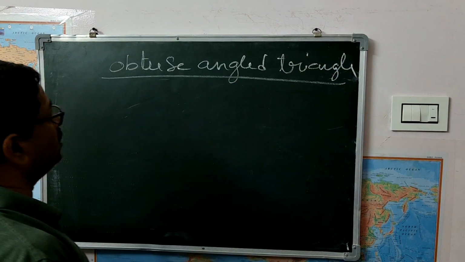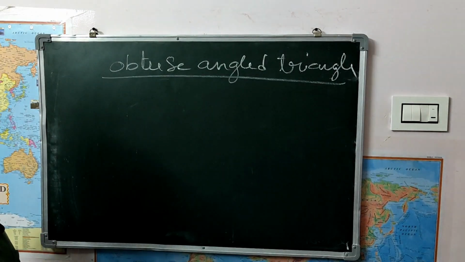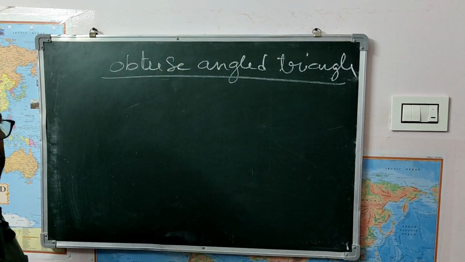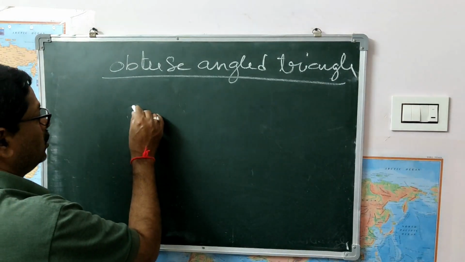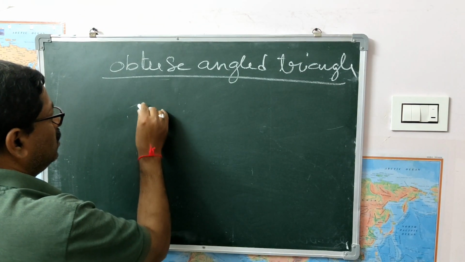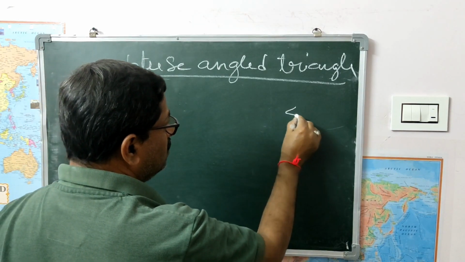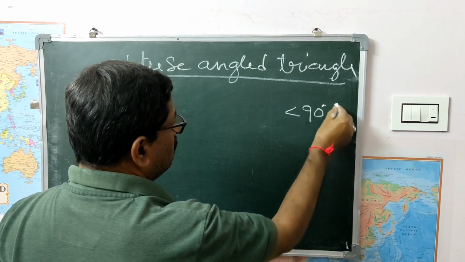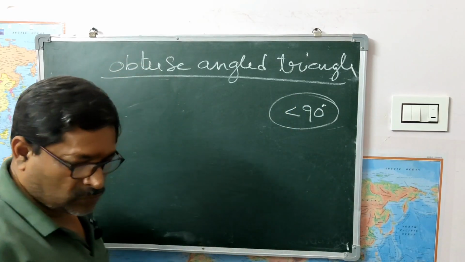Obtuse angle. You know what is an acute angle? As I said, an acute angle is less than 90 degrees. An obtuse angle is greater than 90 degrees and less than 180 degrees. The definition is also very important. In the earlier case, I didn't tell you. Acute angle means less than 90 degrees and greater than 0 degrees, of course.